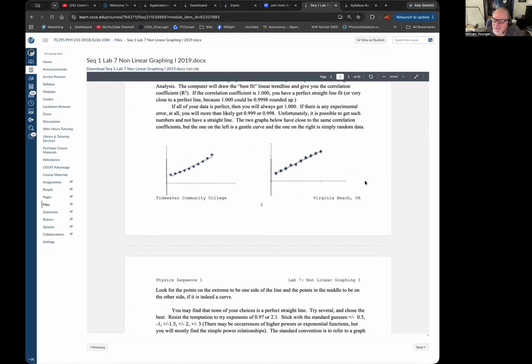Whatever variables and exponents you used, once they made a linear curve fit, then you know the equation is whatever variable is plotted up here equals m, the slope, times whatever variable is plotted here, plus b, the intercept. The intercept, of course, is where this linear fit would hit the y-axis.